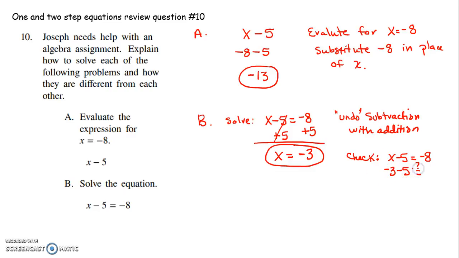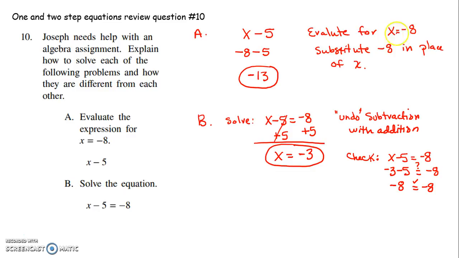I'm hoping when I simplify this side, I get negative 8. Negative 3 minus 5, signs are the same, both negative. Add and keep the sign. Signs are the same, find the sum, which means add. 3 and 5 is 8. The only thing I run around is negatives. Negative 8 does equal negative 8.